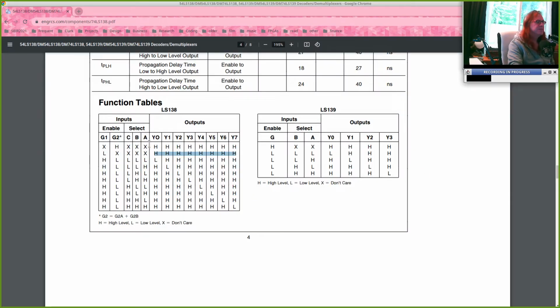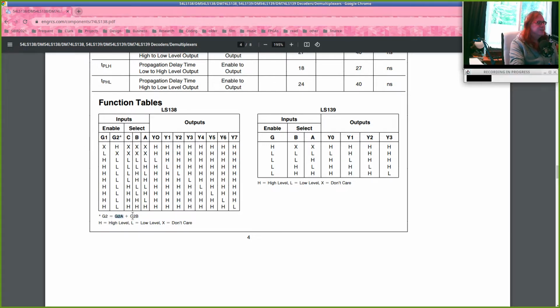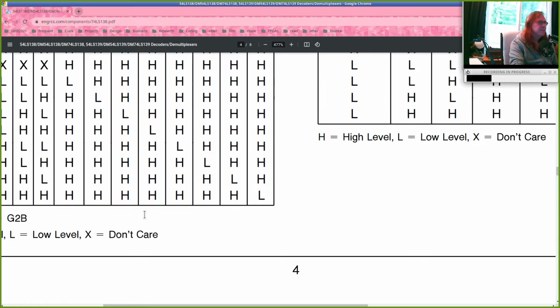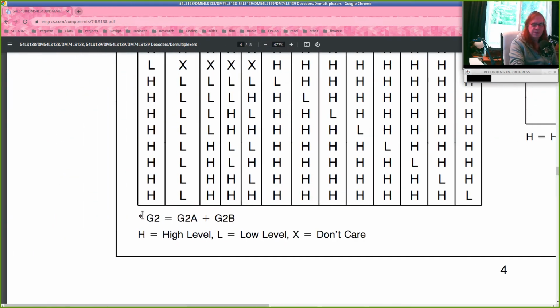So G2 star, G1, A, B, C are inputs, and Y0 through 7 are outputs. And for G2 star, there's a little note down here: G2 star equals G2A or G2B. So G2 star is not actually an input. There's a pair of inputs, G2A and G2B. But they behave like this.